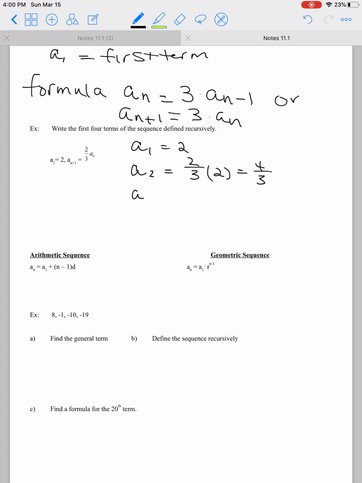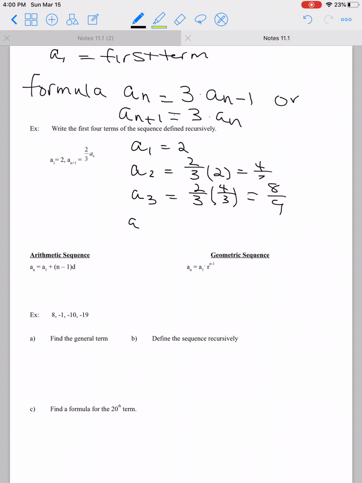And then a sub 3 would be 2/3 times the previous one, which would be 4/3, and that would give us 8/9.